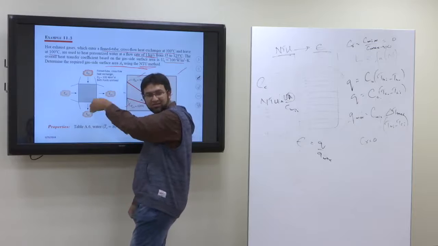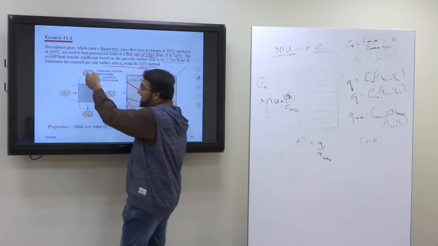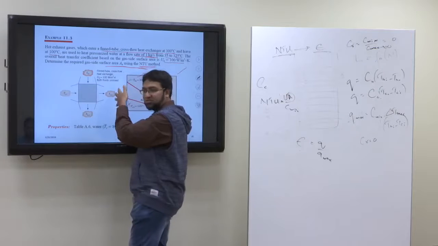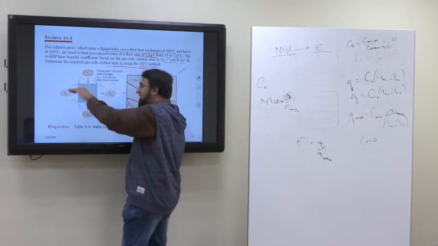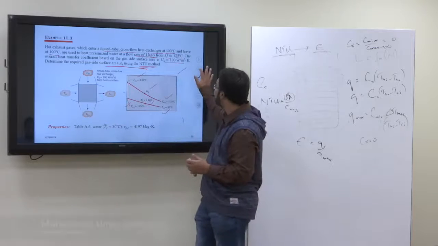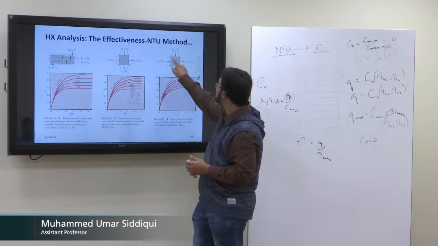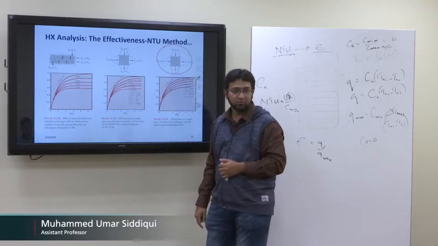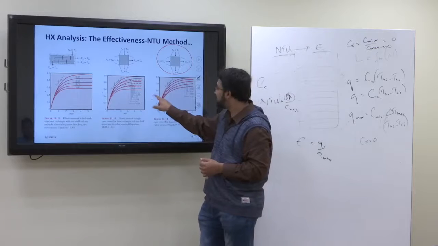Whenever the lines are there, that means unmixed. If the lines are only in one direction, that means this side unmixed, this side mixed. If the lines are like this as well as like this, both sides unmixed. So we have the both side unmixed case, and this is the graph for the both side unmixed case. We know what is the effectiveness.